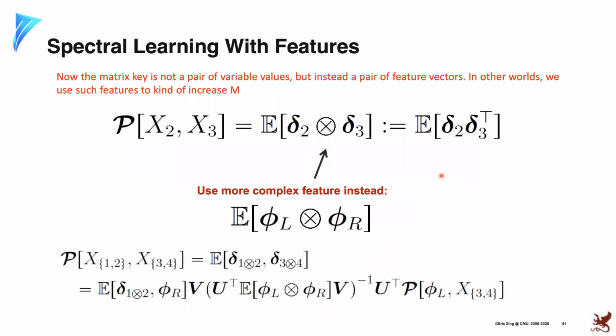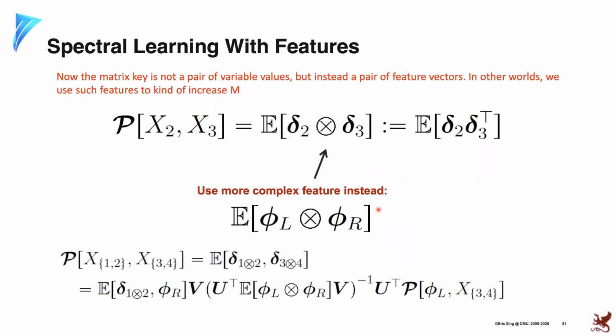So previously, what we were not able to deal with is that the inverse will no longer exist when k is greater than m. But now we replace the original x2 and x3, whose values previously represented their states, with feature vectors to represent their states. So you can see the number of states for x2 and x3 is increased by using this feature vector.